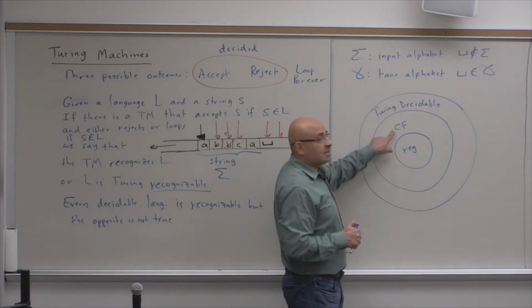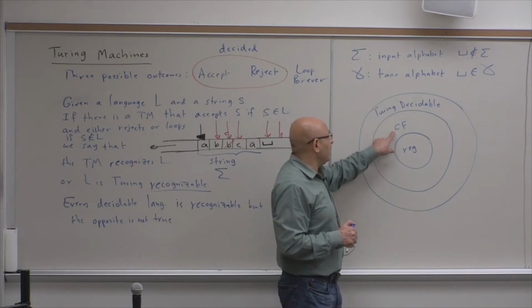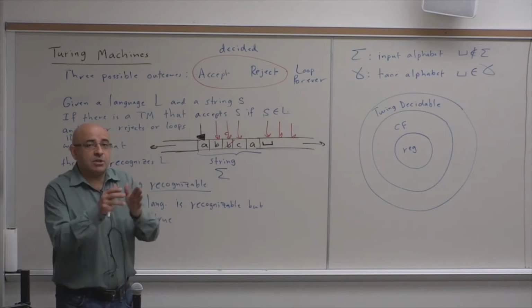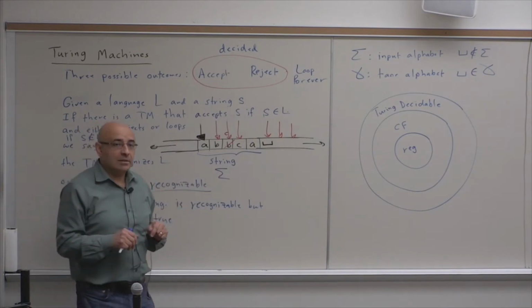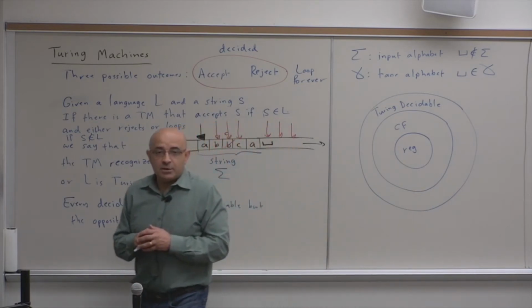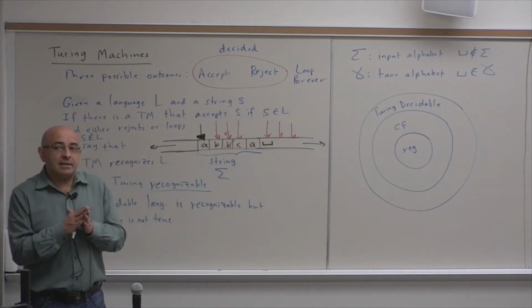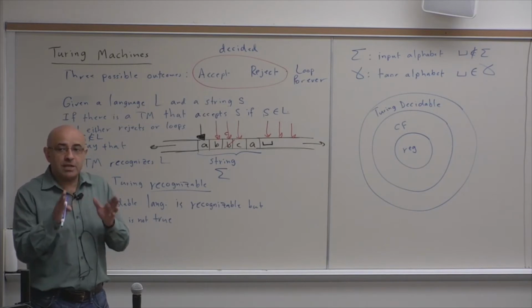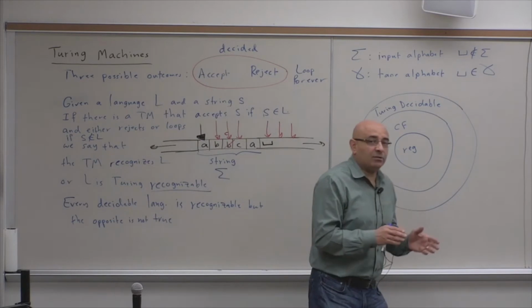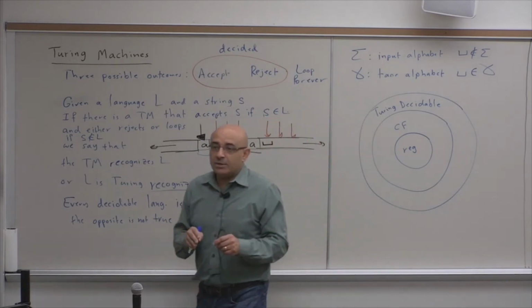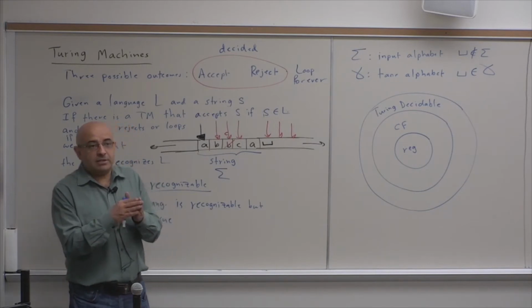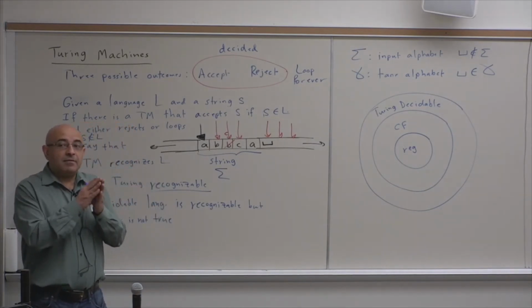If a language is context-free, it's clearly decidable. Why? Because a Turing machine is more general than a push-down automaton, and a Turing machine is more general than a finite automaton. So a Turing machine can easily simulate a push-down automaton, and it can easily simulate a finite automaton. When it simulates something that is less powerful, basically it's using fewer features.